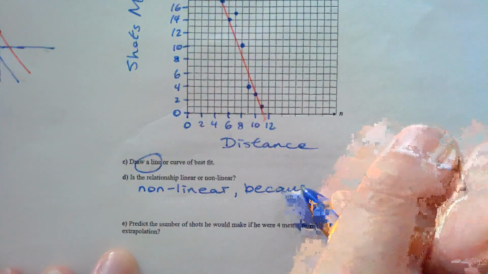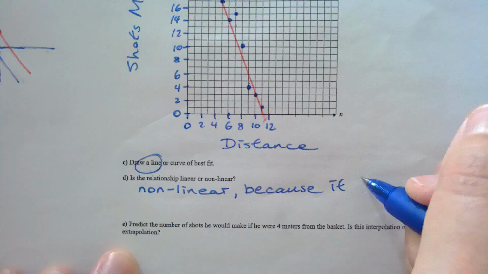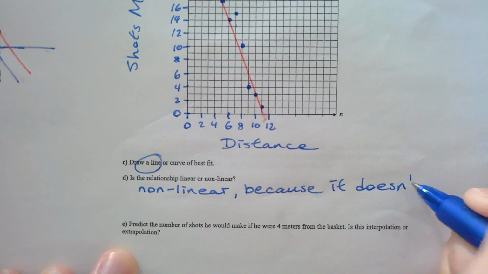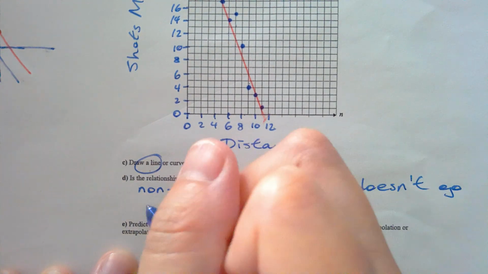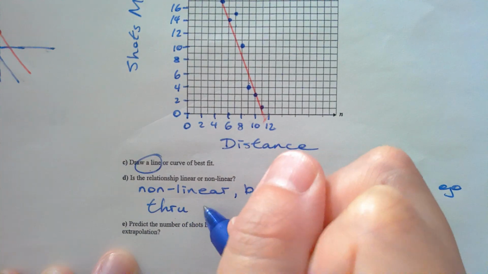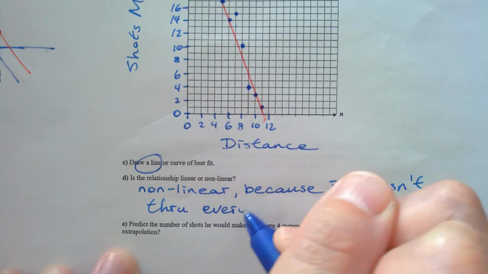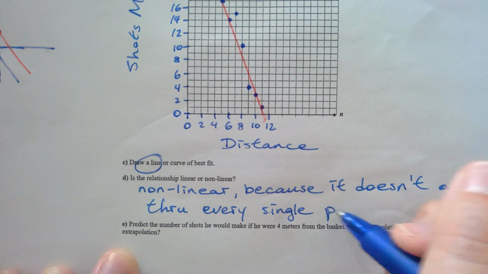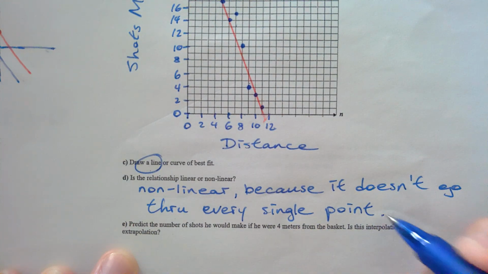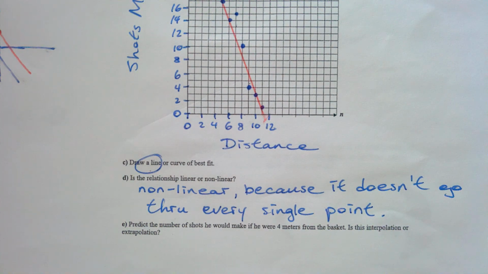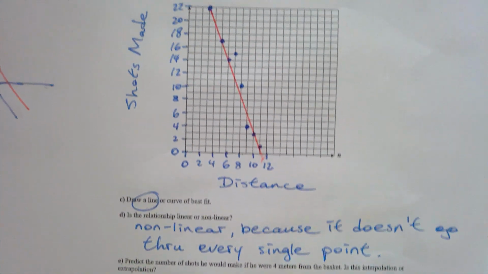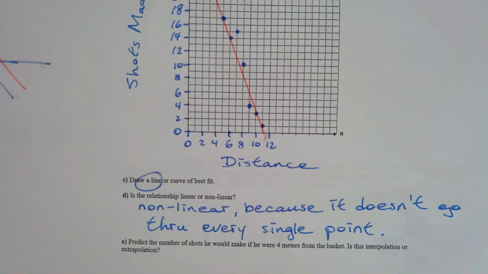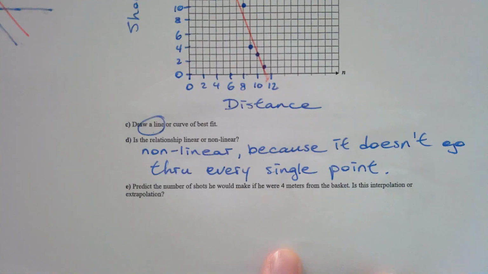It doesn't mean it's quadratic, it's just neither. So even though it's a nonlinear graph, you can still draw a line of best fit.